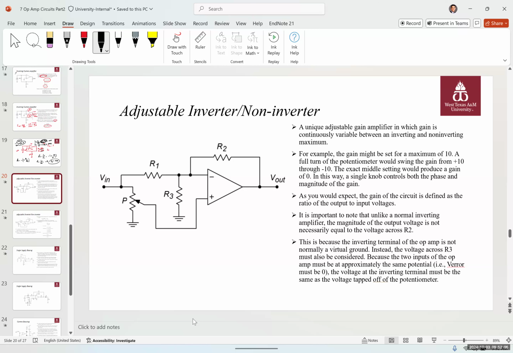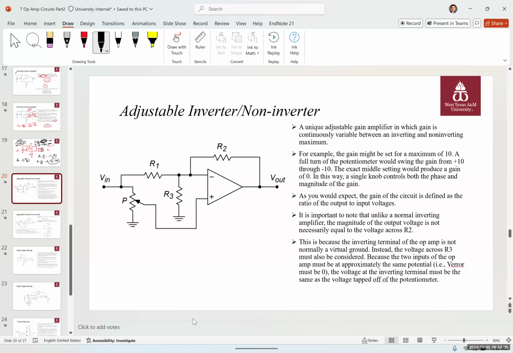The gain in this amplifier could go between a negative A and positive A. For example, if the gain is 10, the gain can go from -10, which is an inverting amplifier, to positive 10. So the gain can swing between negative and positive. And the gain can also be 0 as well.